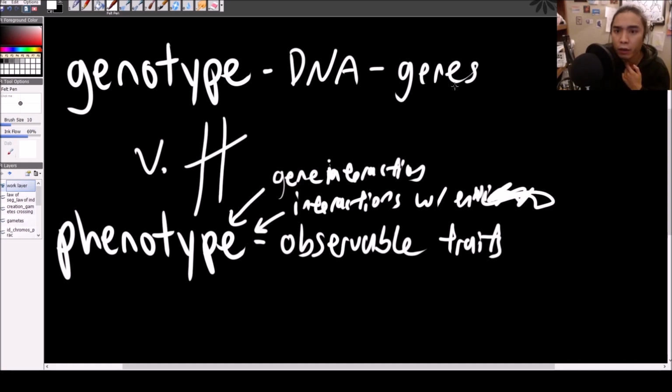Even though you might have genes that are supposed to code for traits, you might not actually see these traits represented in the phenotype. There are 2 things involved in the phenotype. There are gene interactions, just a sneak peek for the future. Think about big A, little a. Even though you have that gene for little a, only the effects of big A will be seen because it's dominant. And let's look at interactions with the environment.